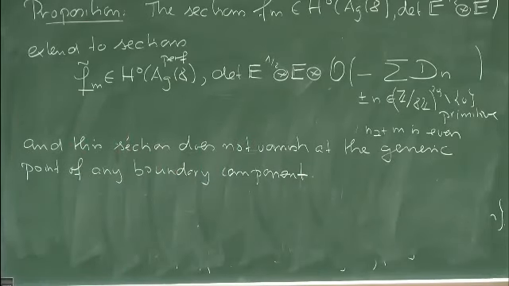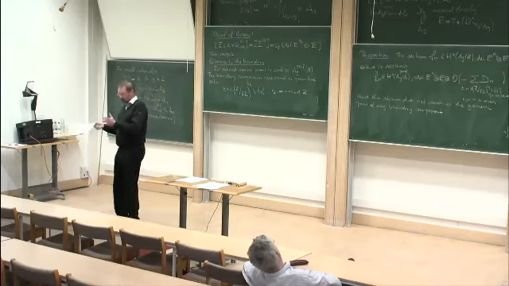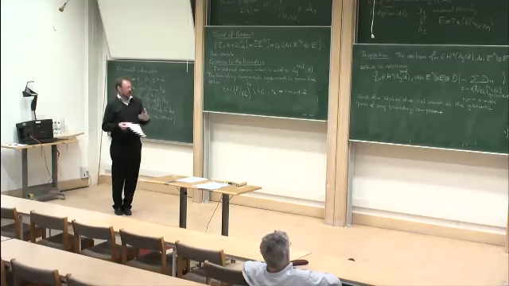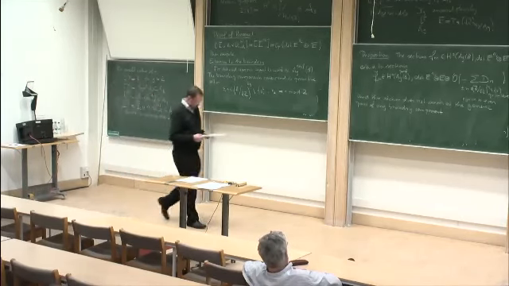Well, that's essentially looking at limits of theta functions, writing down coordinates in the neighborhoods of boundaries and figuring out what the Fourier expansion is, and then one can derive this result.